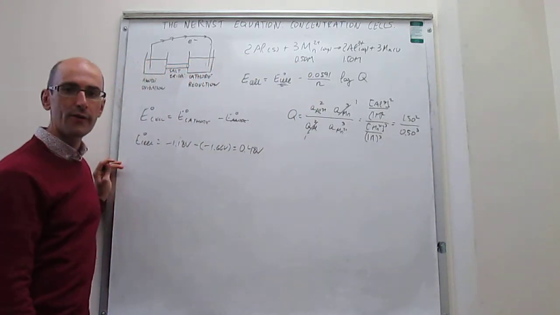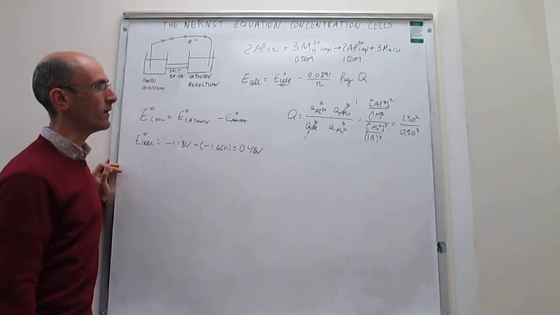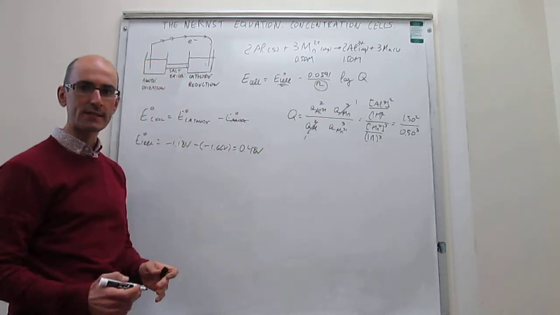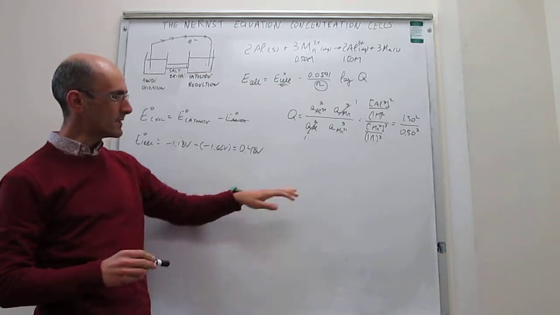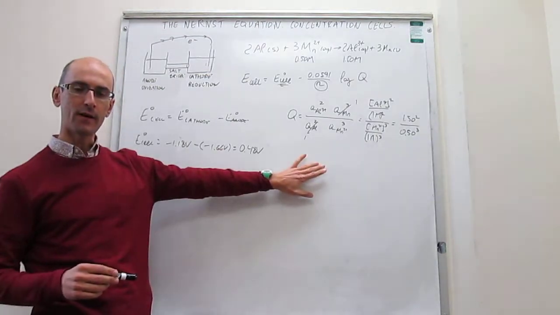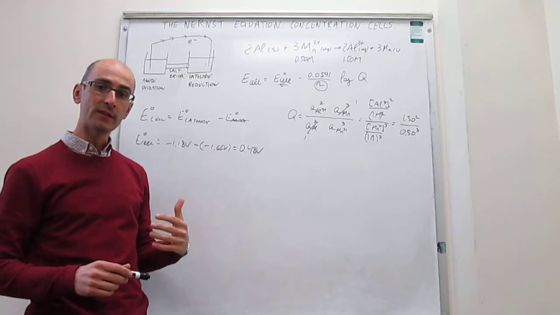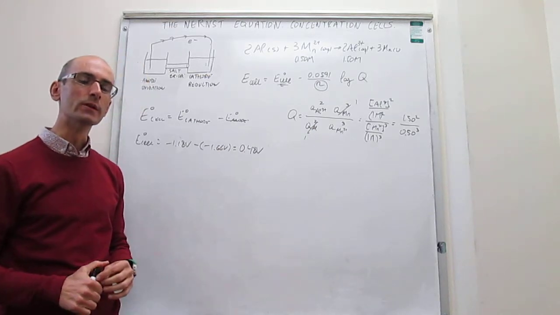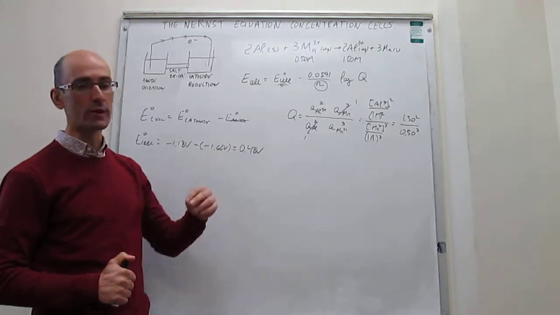Right, so now we have all of the ingredients except for one, which is n. And remember that n is the number of electrons transferred. Okay? I have erased here the half reactions that we had, but notice that as written, we actually had 6 electrons transferring between the 2 electrodes.